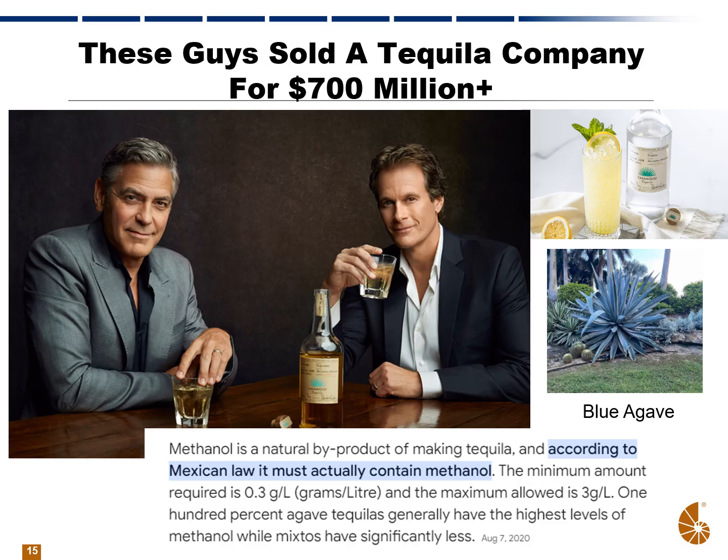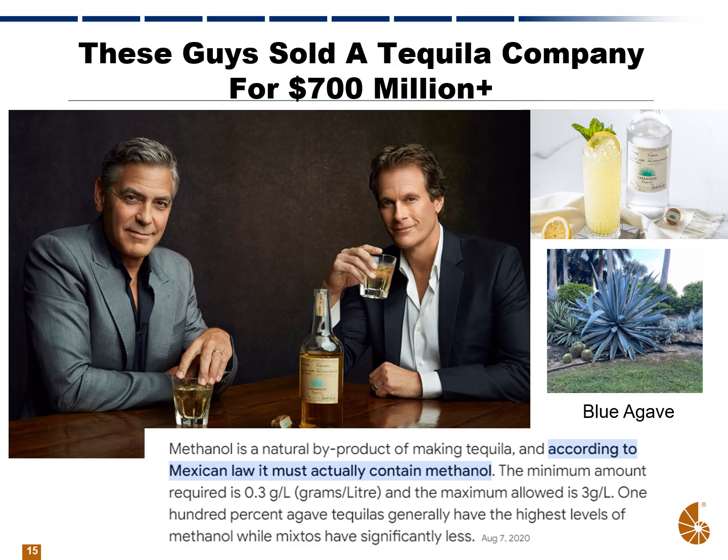Now these guys, who you may recognize, sold their tequila company for $700 million plus, and they produced a super premium tequila from 100% blue agave. It was called Casamigos tequila. And one interesting fact about tequila is that under Mexican law, tequila must contain some methanol.